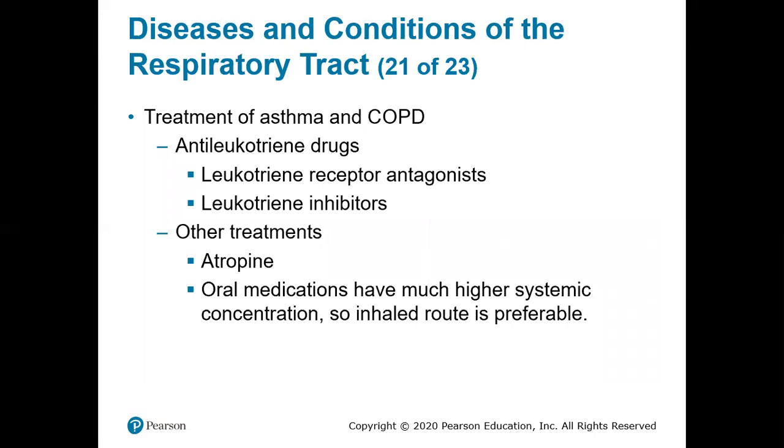Anti-leukotriene drugs is on page 455. Leukotriene receptor antagonists and leukotriene inhibitors are available. Other treatments on page 456 would include things like atropine or oral medications that have much higher systemic concentration, so inhaled route is preferable.